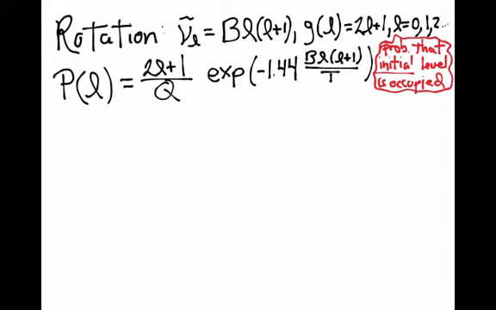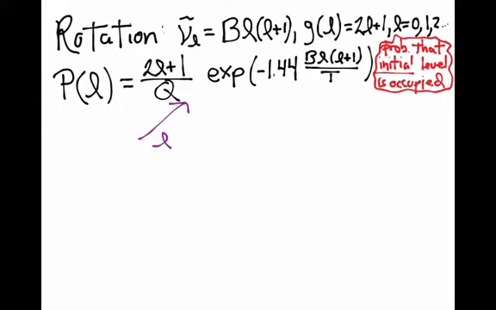There just aren't going to be molecules with a B value of 10 in rotational quantum number L equals 100 at 300 degrees Kelvin. The probability is flat out 0. We're not going to find those, and so I'm not going to have any molecules going from L equals 100 to L equals 101, because there are no molecules in that rotational quantum state in the first place. So that's where the probability comes in. That's going to influence the intensity of the lines.